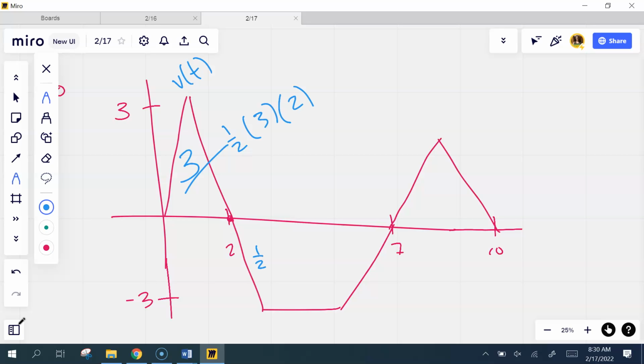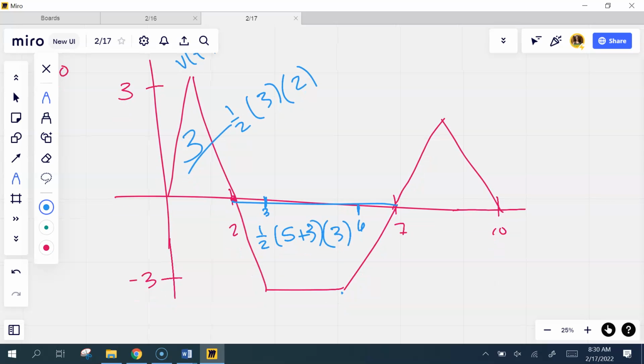1/2. The 2 bases added together. What is this base? 3 to 6, so it looks like 3. I'm looking in the book because mine's not, but this was. I'm looking, yes, this and this. And then the height.